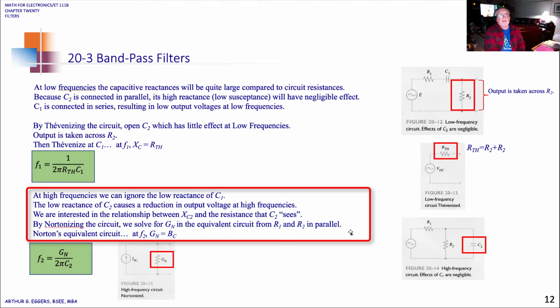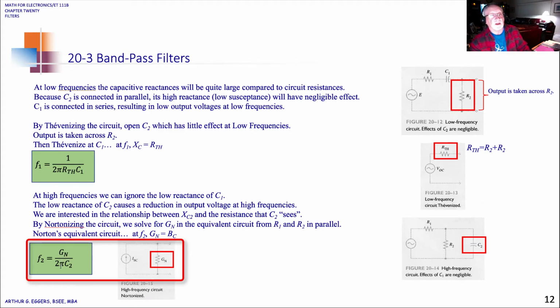By Nortonizing the circuit, we can solve for G Norton in the equivalent circuit from R1 and R2 in parallel. So the Norton's equivalent circuit becomes the point where G Norton is equal to the susceptance of the capacitor. And here's our relationship, G Norton divided by 2 pi C2.